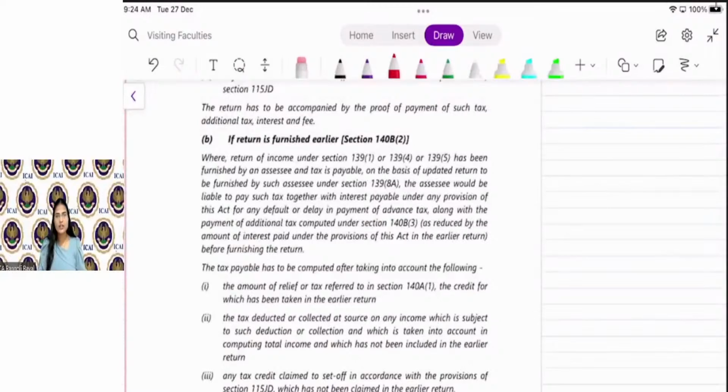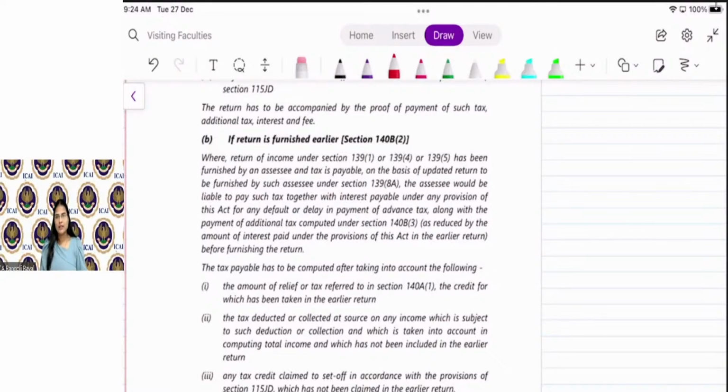If return is furnished earlier, if you have already furnished the return earlier and now you are filing updated return, in that case also, say for example, I am eligible to file updated return only when there is increase in income or there is increase in tax liability. Otherwise, I am not eligible to file updated return. Okay.